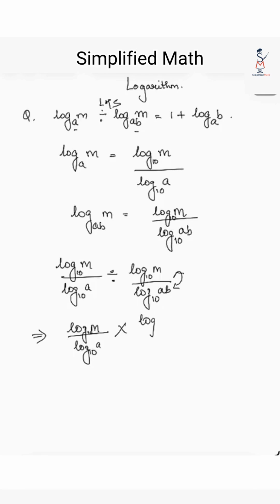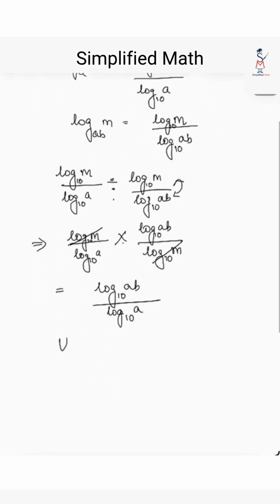Meaning log ab will go on the top because division has become multiplication, and log m will come at the bottom, that is at the denominator. Log m cancels. This can be written as log ab to the base 10 by log a to the base 10.